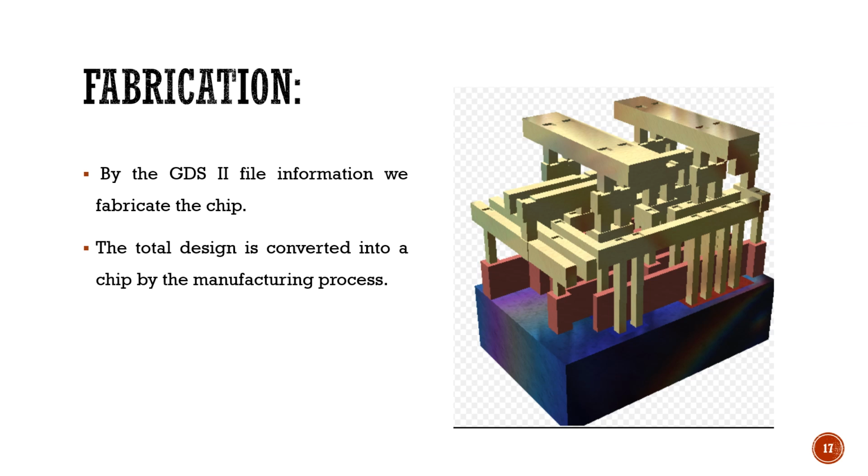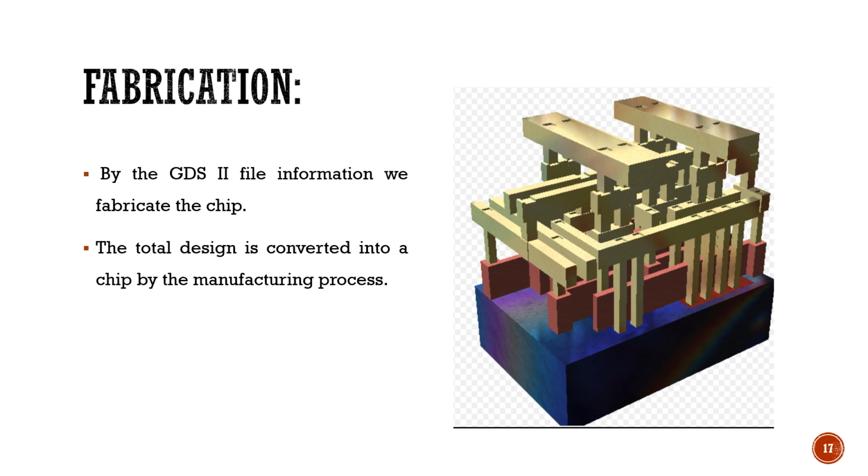In this case only, the total design is being converted to a chip, and that is done by the manufacturing process. Now, while doing this fabrication, before going to mass production, we need to verify whether the product that we have manufactured has met all the electrical characteristics or not.